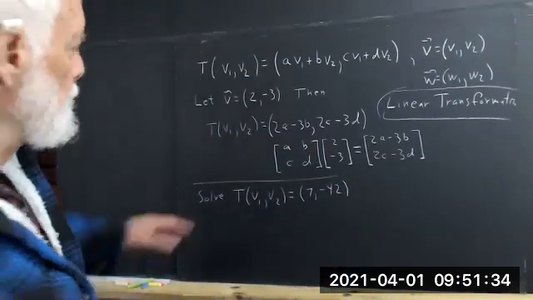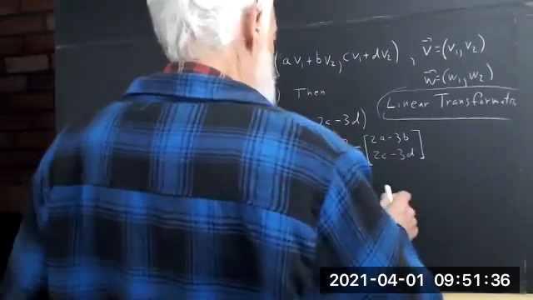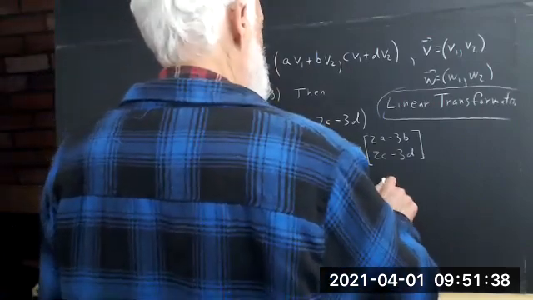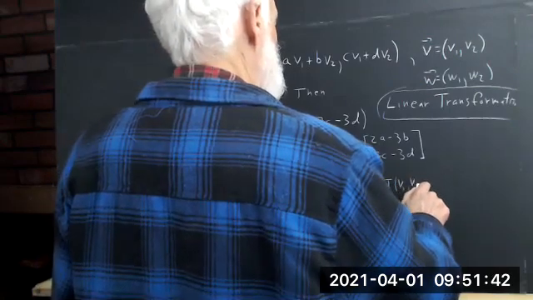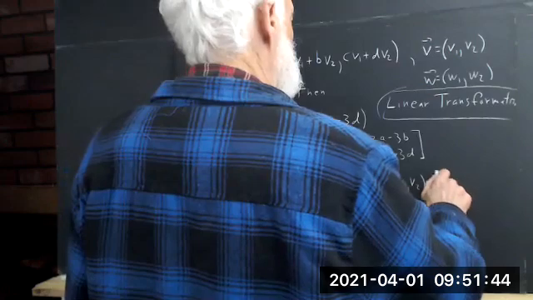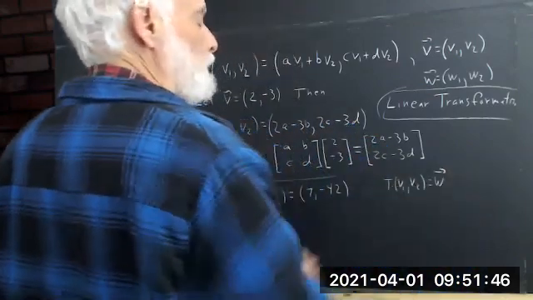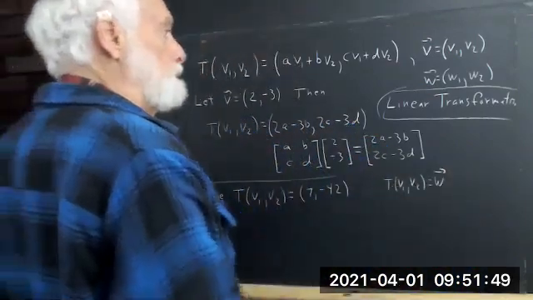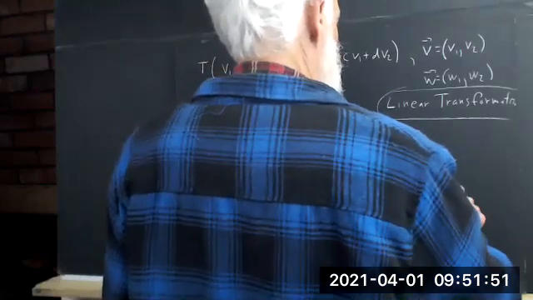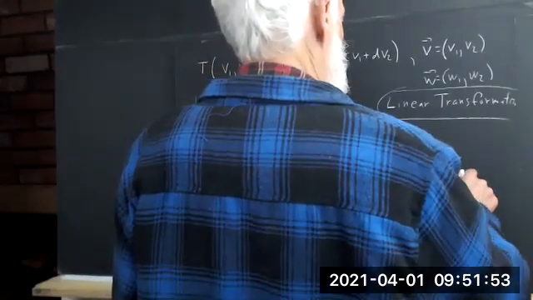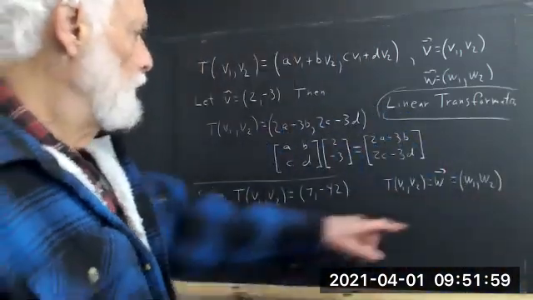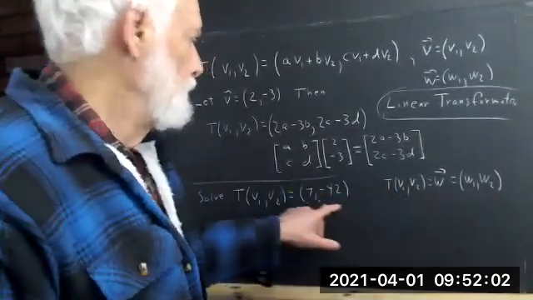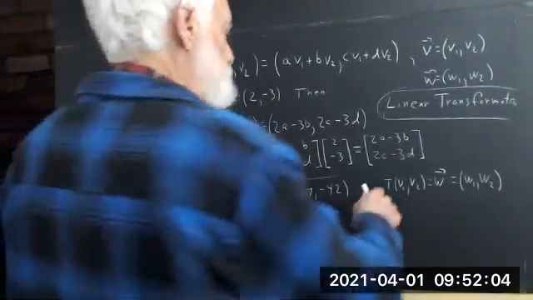So this is a matrix equation: T of V1, V2 equals W, which equals the ordered pair W1, W2, where now W1 is 7 and W2 is -42.